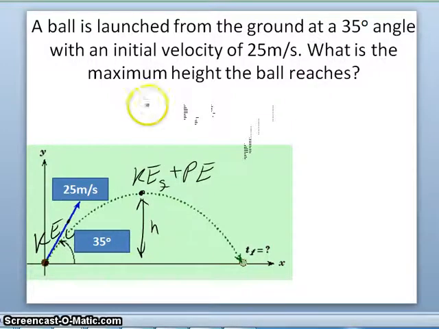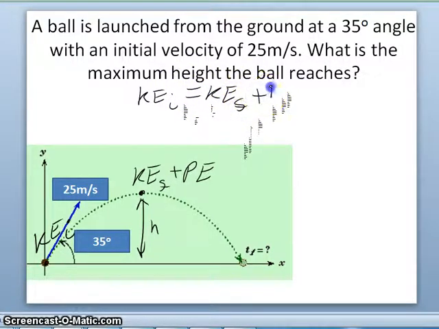So if we put this into an expression, KE initial is equal to KE final plus the potential energy, and we can start to solve for our height. So let's do some substitution. KE initial is equal to 1/2 mass times initial velocity squared.